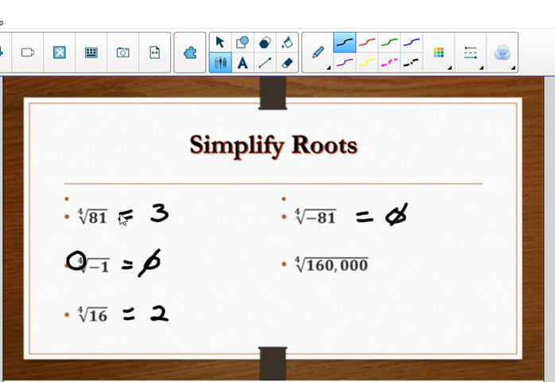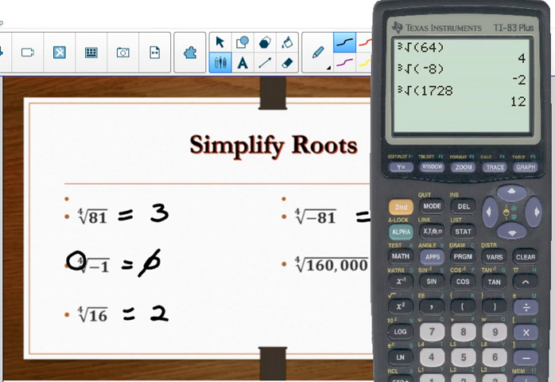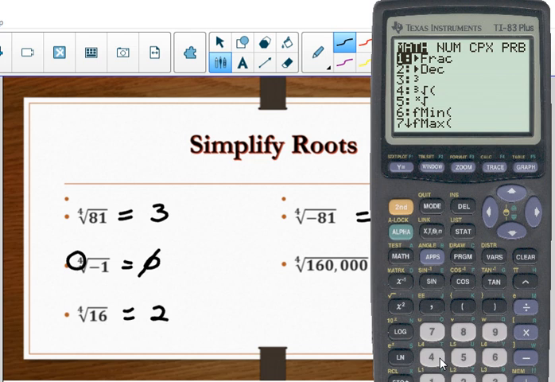And then this other one, fourth root of 160,000. Now we can use our calculator for that one. You grab your calculator and hit the math button. Here we want the fourth root, so I can use number 5.